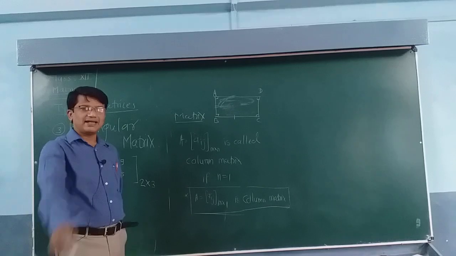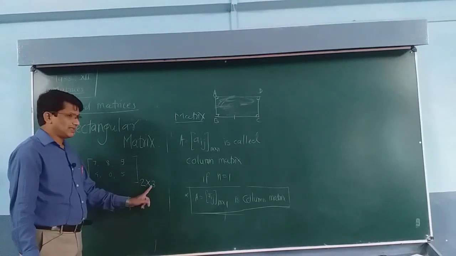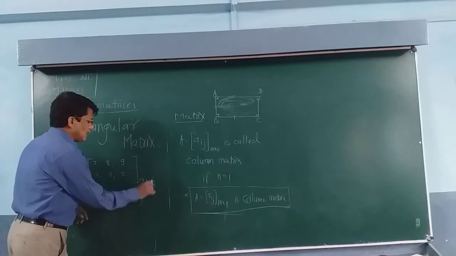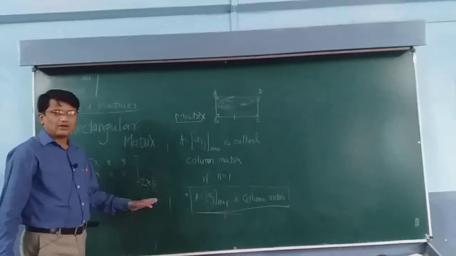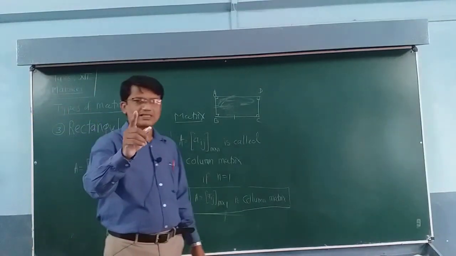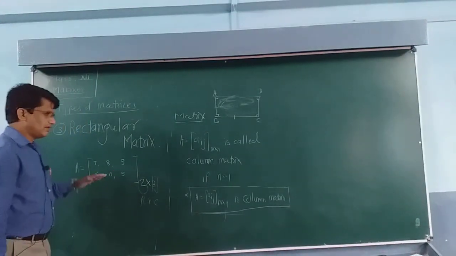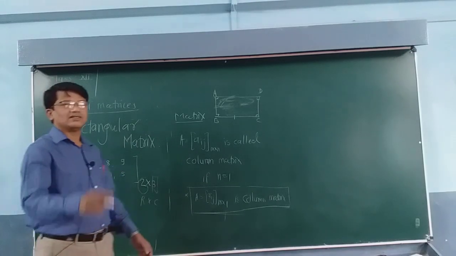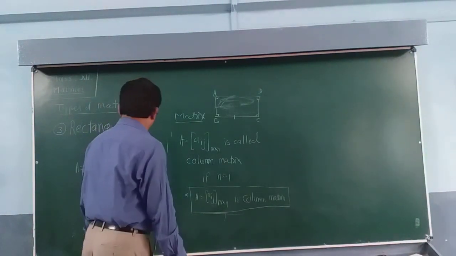Why is it a rectangular matrix? Because here the order is 2 by 3. The first number 2 means rows. This 3 means columns. Here, row by column. The number of rows is not equal to the number of columns. This gives the main definition of a rectangular matrix.